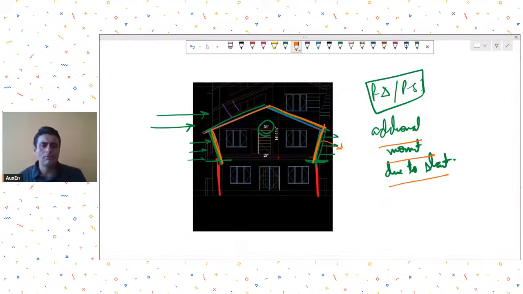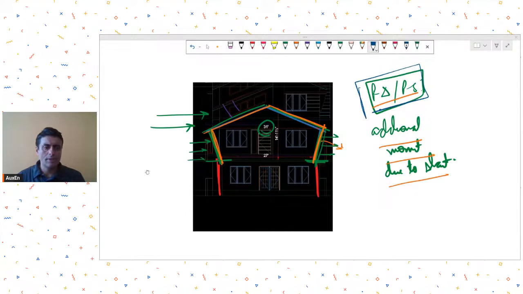Automatically, the moment effects will be captured. So no need to worry about that as much. But my understanding is that stability checks may turn out to be important for this shape. So doing a P capital delta and P small delta analysis is suggested. Okay. All right. So this was his point for discussion.